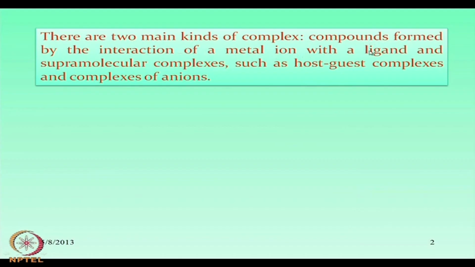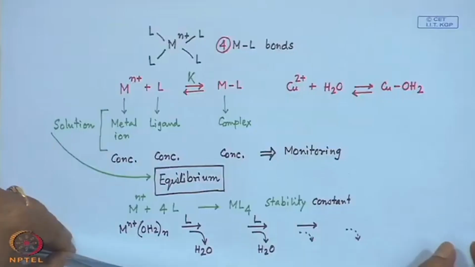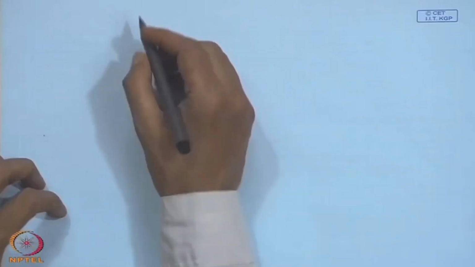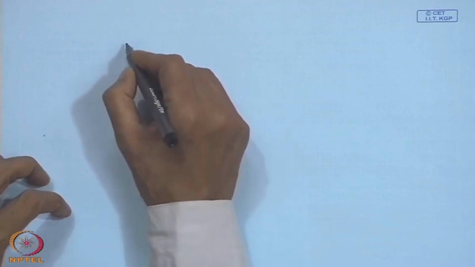So, in these cases we can have two kinds of complexes. When metal and ligand form, it is one complex, and then there are the supramolecular complexes such as host-guest complexes and complexes of anions.